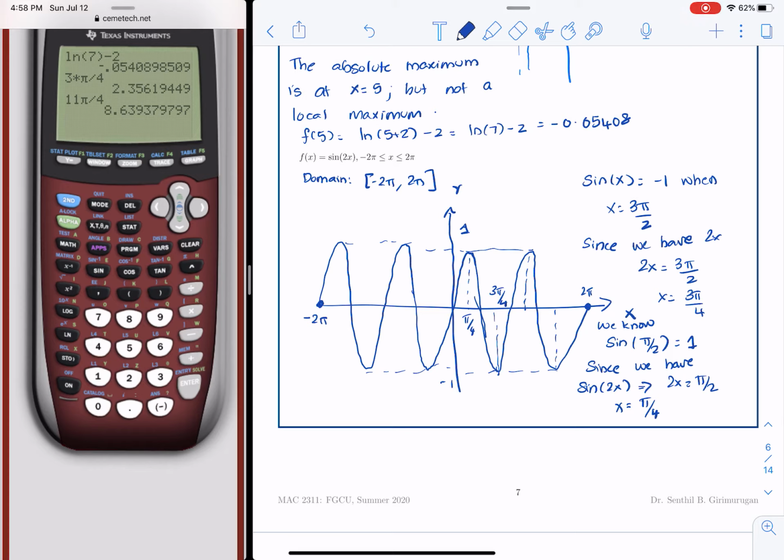And graph, second window, graph. So I'm looking at that point, which is 5.61, and I'm looking at that point, which is 2.27, and looking at that point, which is negative 0.66, and we keep going.